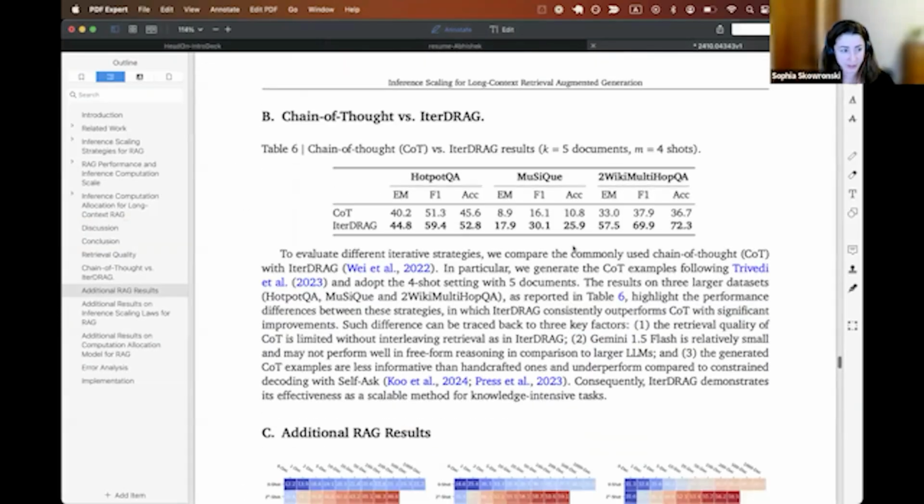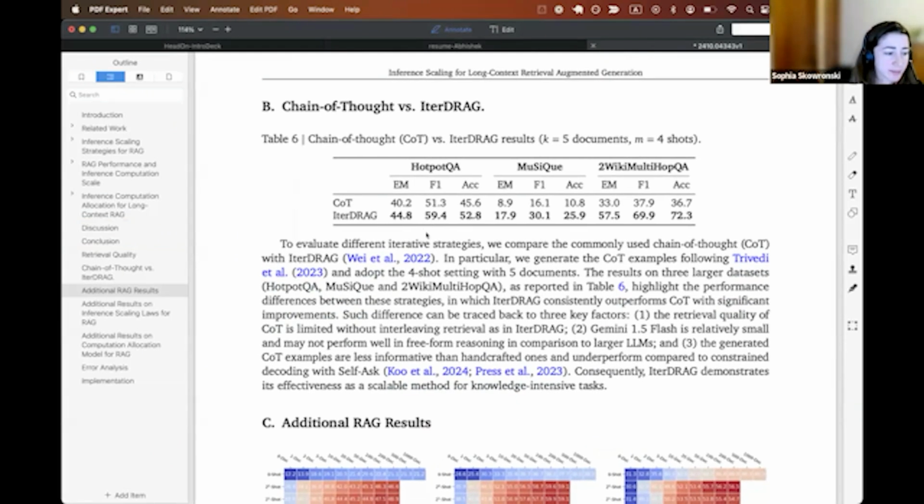But that's the only comparison with other strategies. I know there are a lot of other long context modeling or RAG strategies, but oh yeah, it's appendix B, chain of thought versus iter-drag. But again, to your point, I was surprised that, I imagine it's cost constraints, they didn't compare it with other large LLMs either.